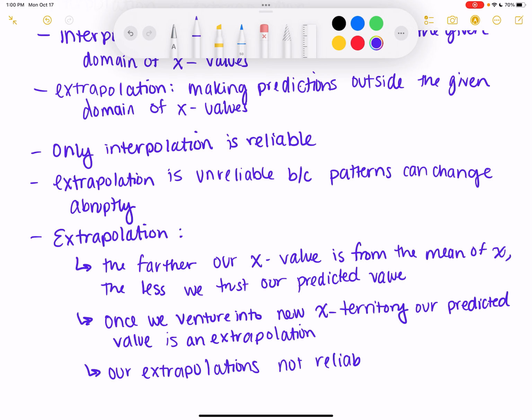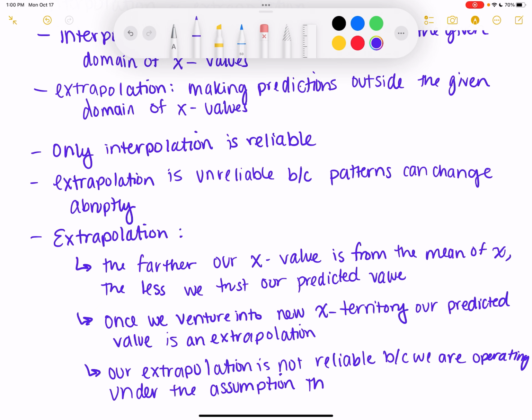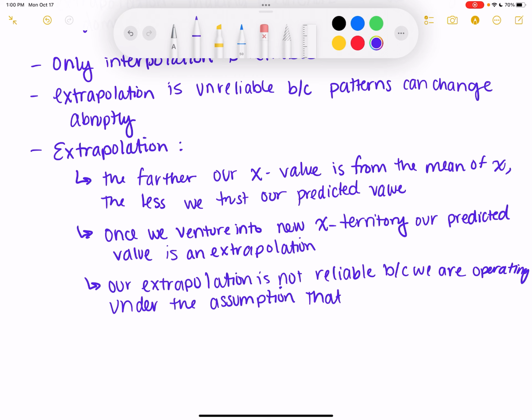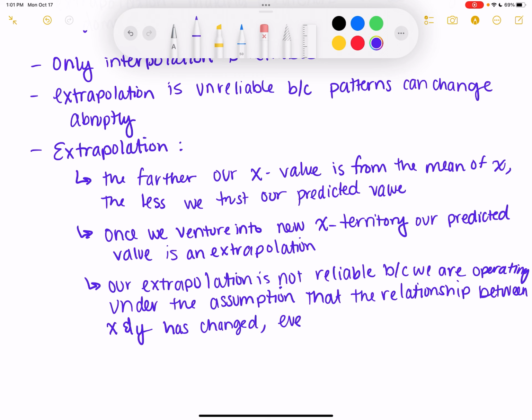I guess I should say our extrapolation is not, because we are operating under the assumption that the relationship between X and Y has not changed, even for those extreme values of X.